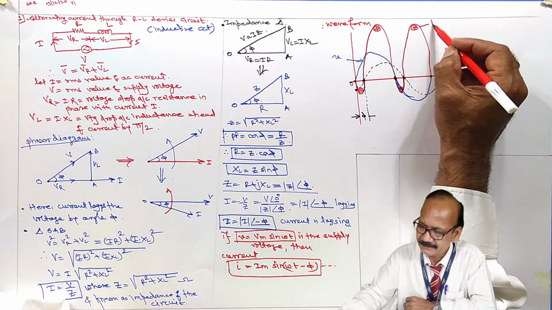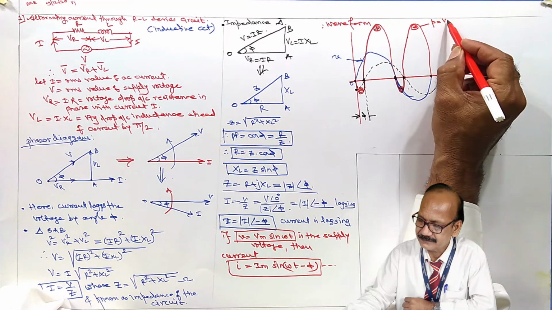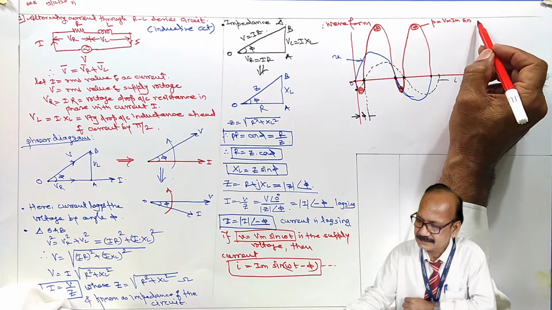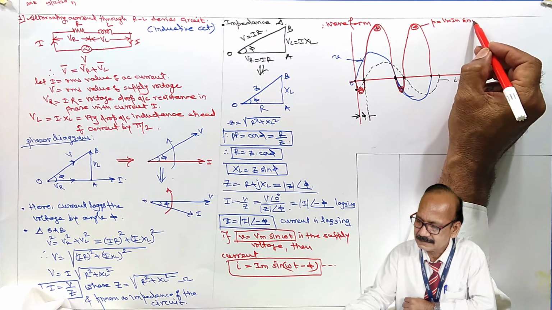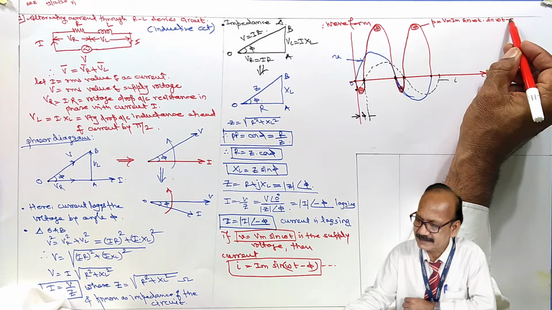This is the power waveform, equal to P max, I max, sin omega t minus phi.